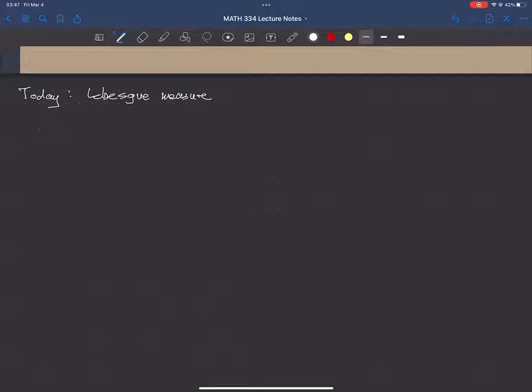One of them is going to be for us a certain kind of object, a measure, which has the property that it agrees with our intuition about measure, in the sense that the measure of an interval will be the length of the interval. Okay, so it's going to be a concept of extending the notion of volume, size, length, however you want to think about it, from intervals to more general subsets of R.